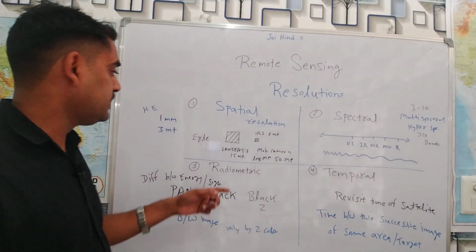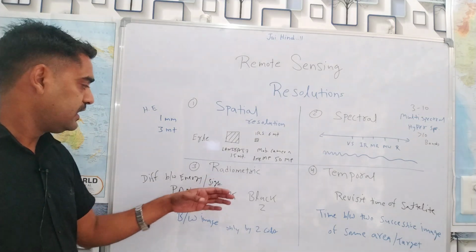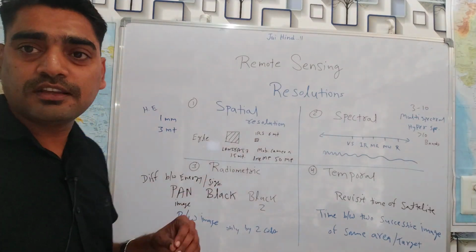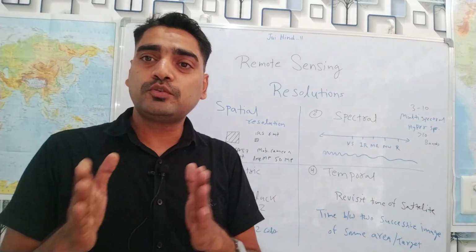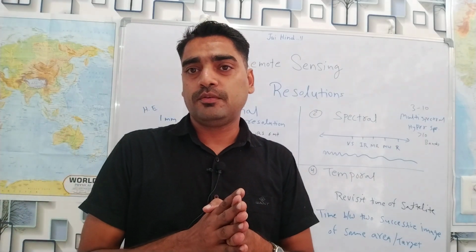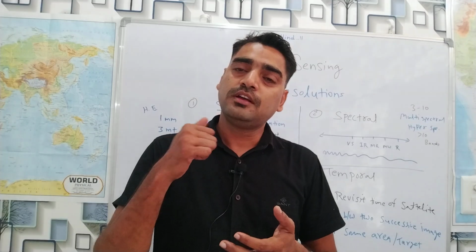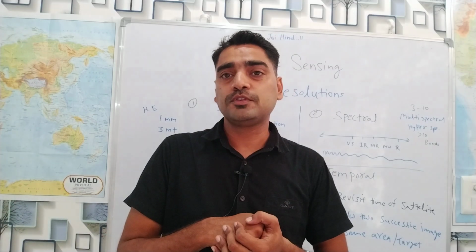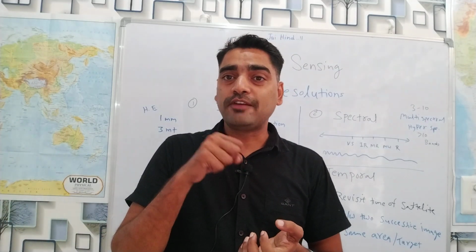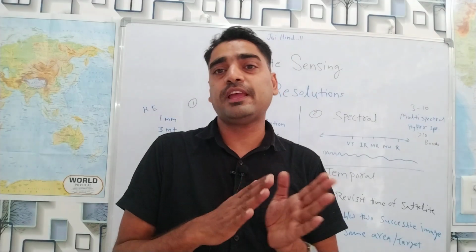Next is the radiometric resolution. It is the ability of the sensor to differentiate between two energies. When similar kinds of objects are identified from a satellite or a sensor, the sensor should have the capability to differentiate between them.